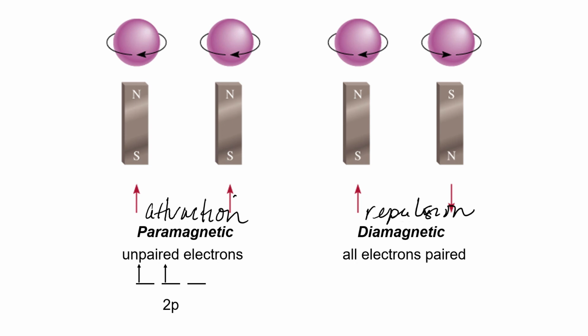However, atoms with an even number of electrons may or may not contain unpaired spins. So it is very important, if you are asked to classify an element or substance that has an even number of electrons, that you draw the orbital diagram.